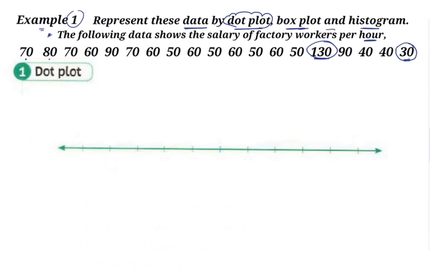Every worker takes some salary per hour. Some workers take 70 pounds per hour, another one 80 pounds per hour, and 70 pounds per hour, and 60, and so on.